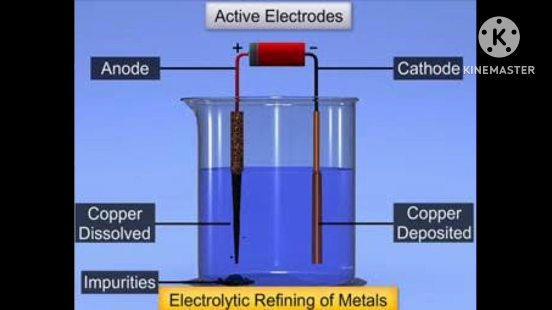And we know that each electron has a charge. What is the charge on an electron? Always remember, the charge on one electron is equal to 1.6021 into 10 to the power minus 19 coulomb.